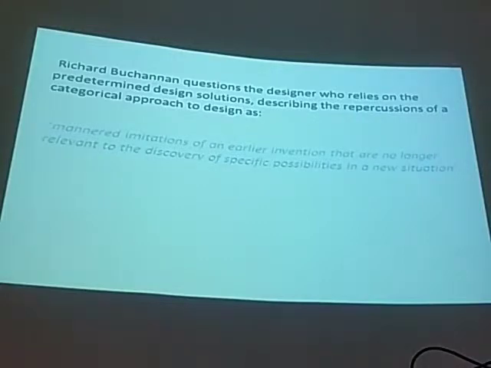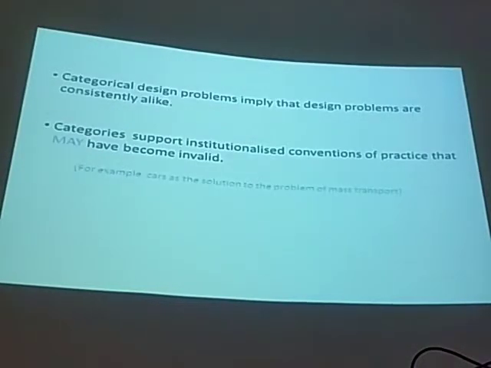So what he's saying is that sometimes we can't just assume that the products we as designers are familiar with can keep being applied. We need to be more critical and more reflective. He says the problem with just using these categorical design solutions is that it implies that all problems are alike.